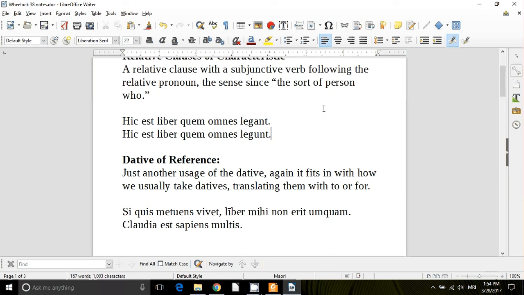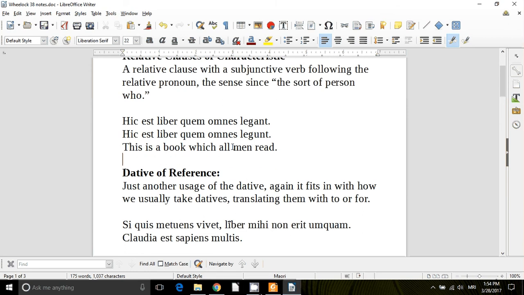Okay, so in the regular indicative, this is a book which, there's my relative pronoun, quem, which all men, omnes, all men read. This is a book which all men read.